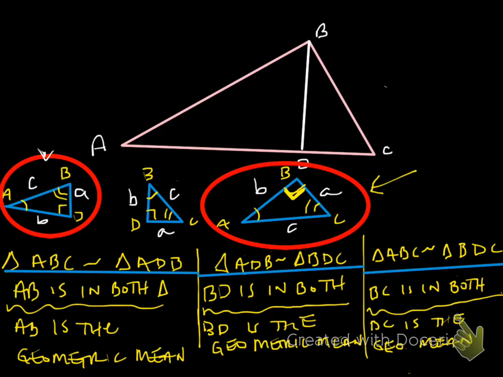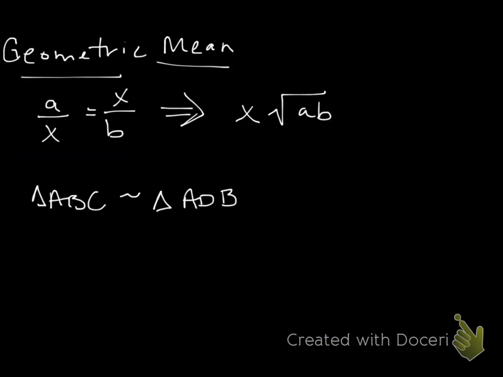Okay, now let's investigate and explore that a little bit because that's what gets complicated. In order to explore that, we need to go back to geometric mean and then we'll go back and look at our angles again, okay? So, if you remember geometric mean, in the book it shows you that A over X is equal to X over B, and therefore it yields X times the square root of AB, okay?